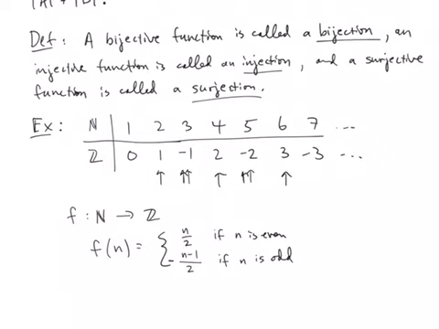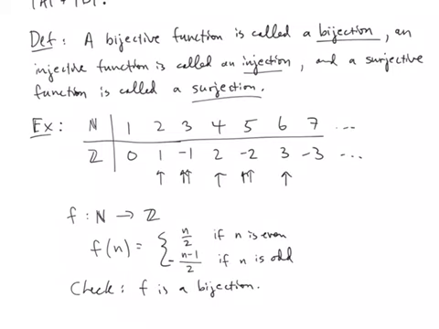And then it would be a routine exercise to check. So you want to check that f is a bijection. And so you could check from the formula that it's an injection and a surjection.